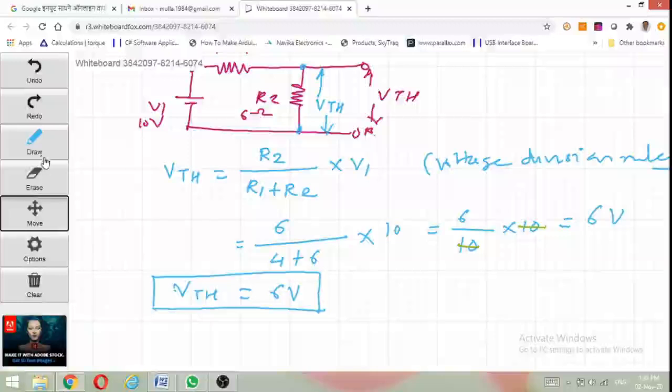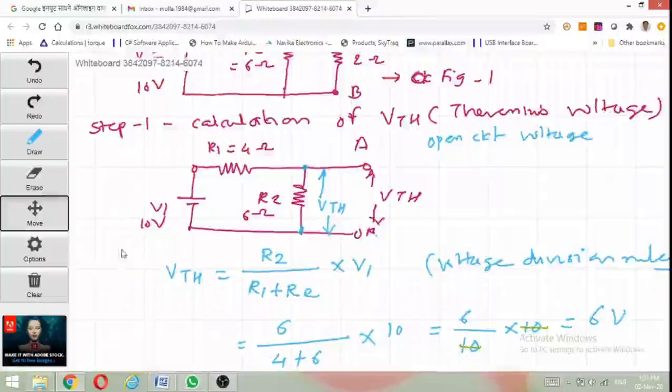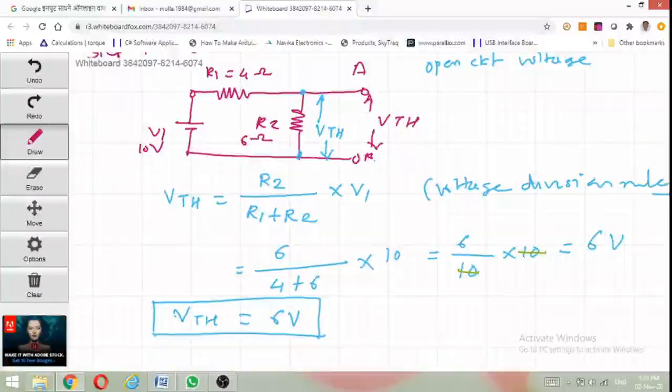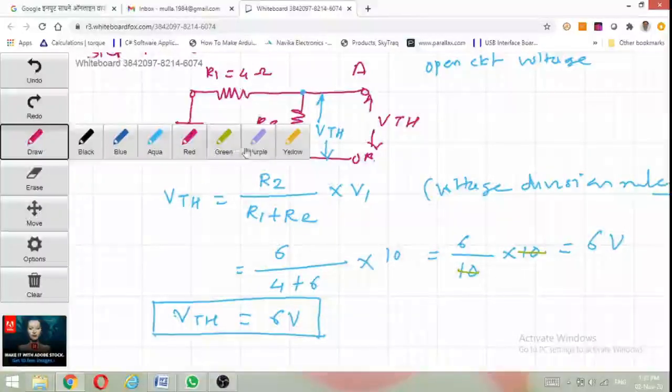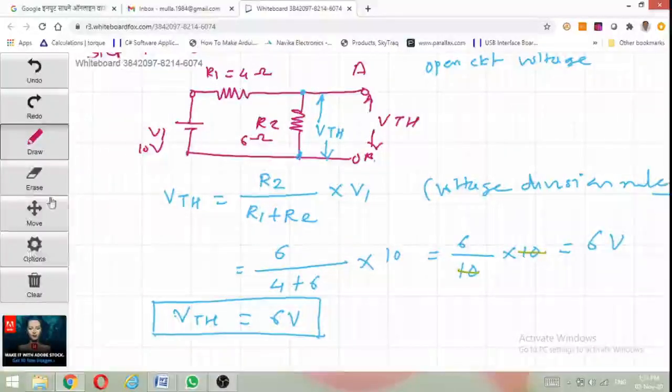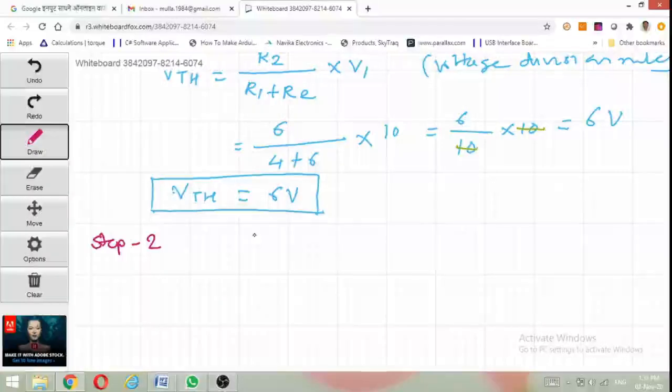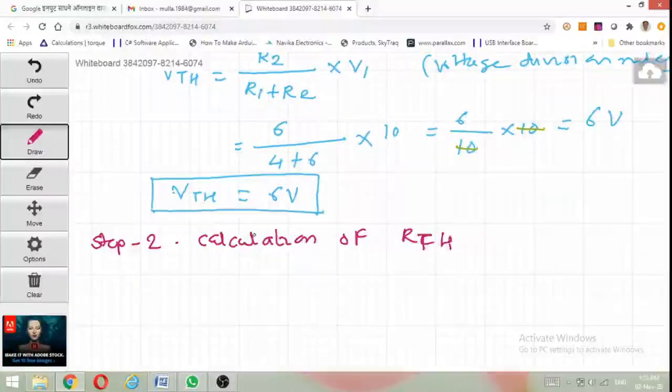Then the next step is step number 2, calculation of RTH. What is RTH?